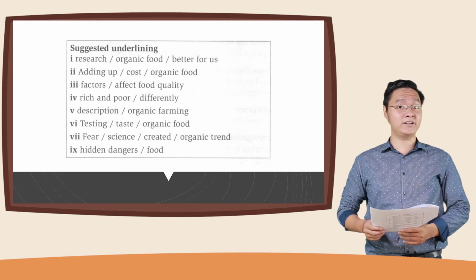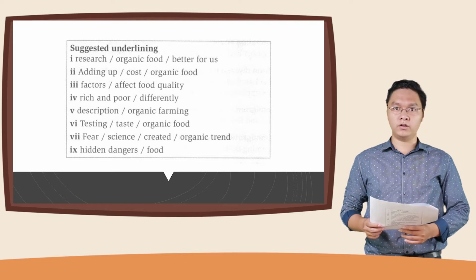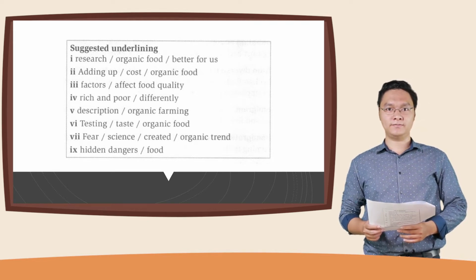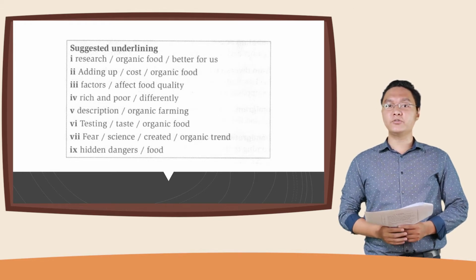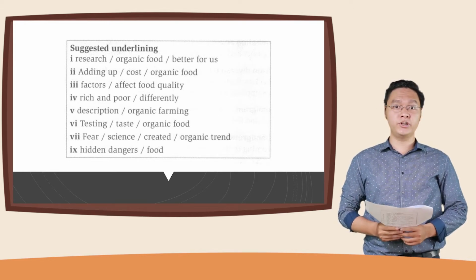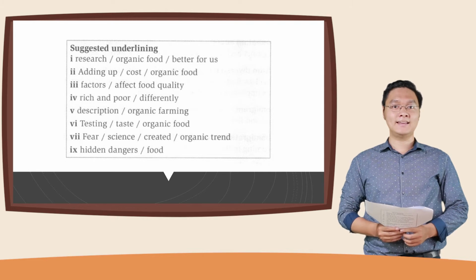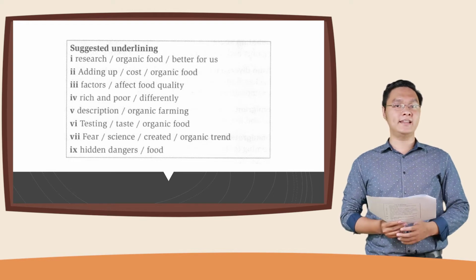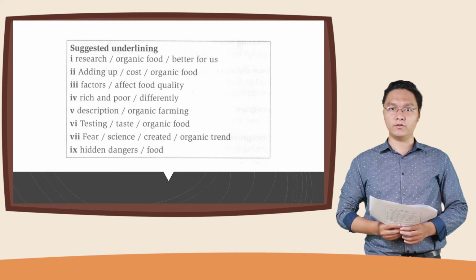So in heading number 4, you have the word rich and poor, and then differently. What do you think is the relationship between the two words rich and poor? Yes, they have opposite meanings. So you can expect a contrast in the kind of information that you're looking for.